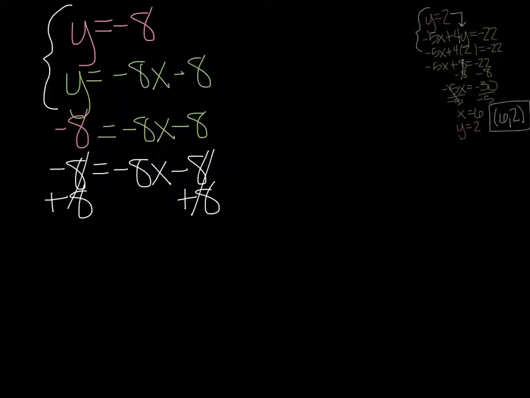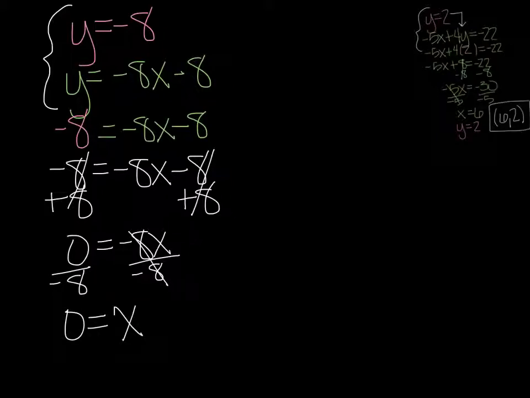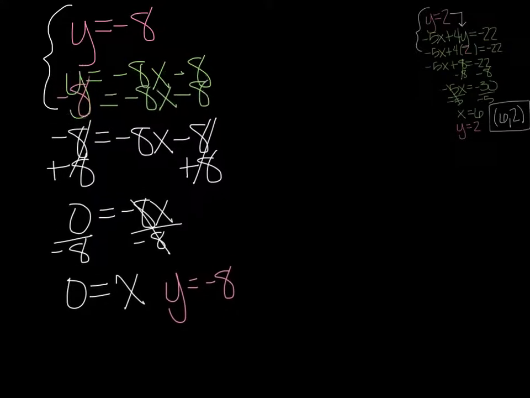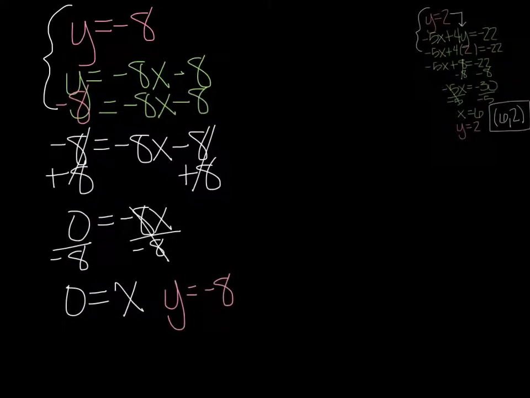It happens to cancel out on both sides, leaving me 0 on the left, negative 8x on the right. We'll just keep going. Divide by the coefficient, and we have 0 equals x. Remember, we already know that y equals negative 8, so we have our solution. Put it right down here. We have our solution when x is 0, y is negative 8.